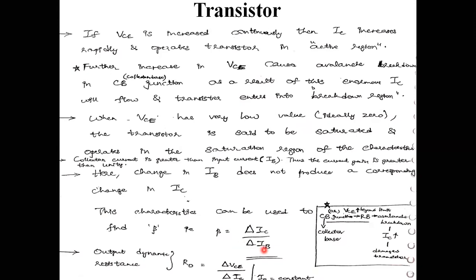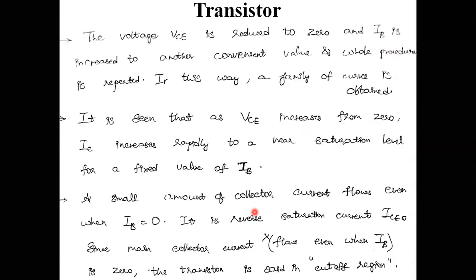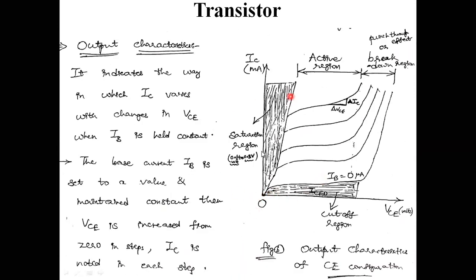This we know already. And the output characteristics is given by R naught is equal to... what are the output characteristics? What parameters do we take in the output characteristics? Across the collector, that voltage term as well as the collector current term: the change in delta VCE as well as the change in the collector current.